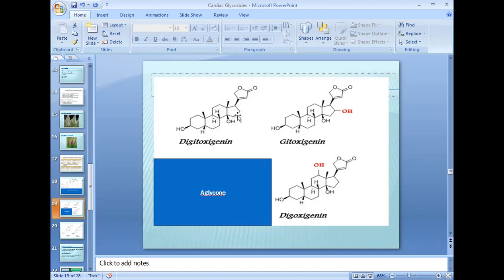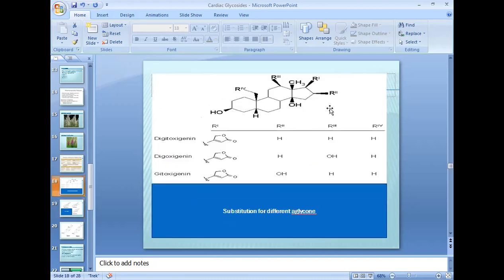See, these are the same hydrogen group, whereas in gitoxigenin, this is a hydroxyl group. Now come to R3, which is the same in digitoxigenin and gitoxigenin, where both are hydrogen atoms, and in the case of digoxigenin, it is a hydroxyl group.